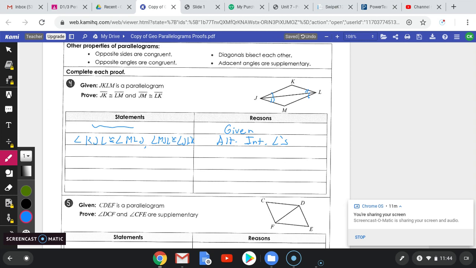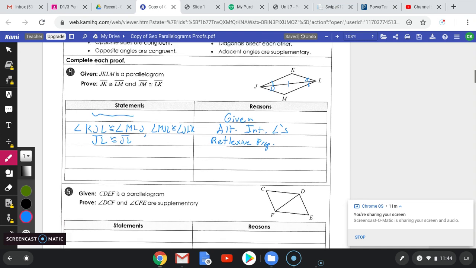Next, we can talk about the shared line here. So we can say JL is congruent to JL because of the reflexive property. And now we can say that triangle JKL is congruent to triangle LMJ because of ASA.